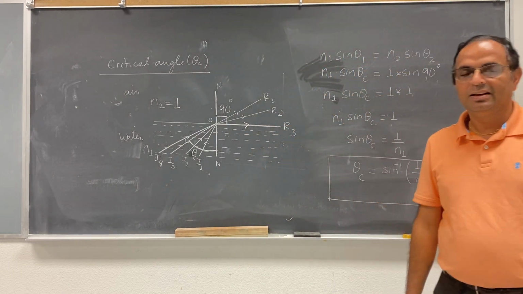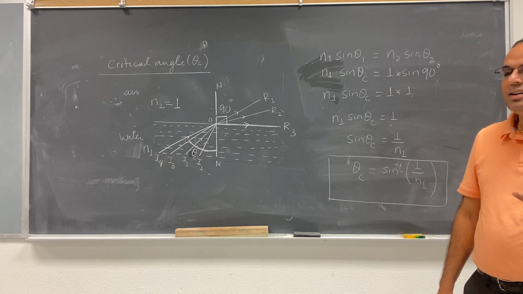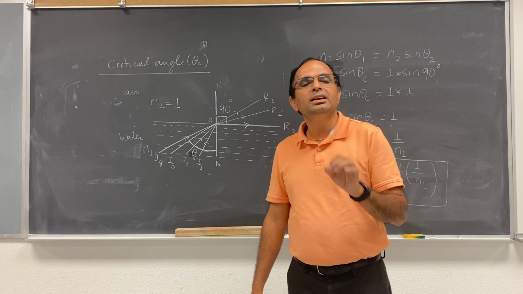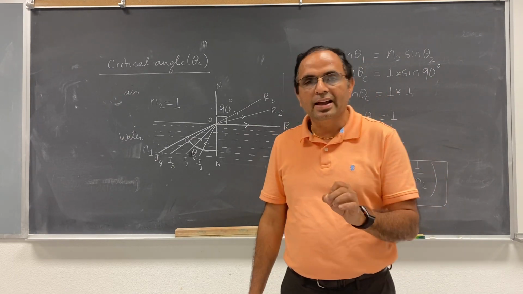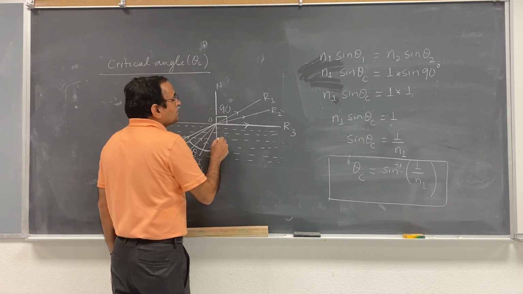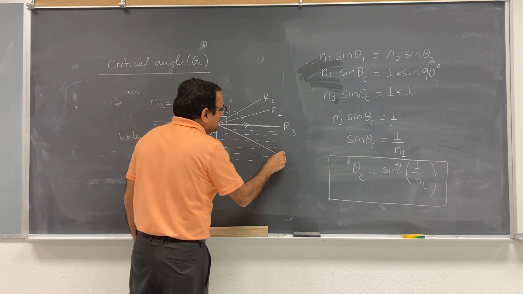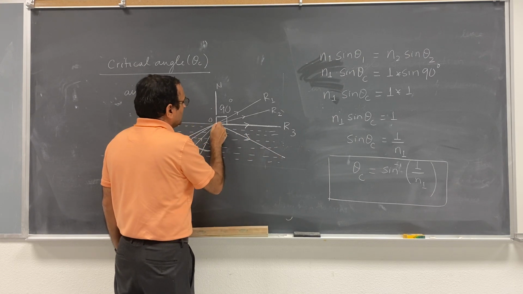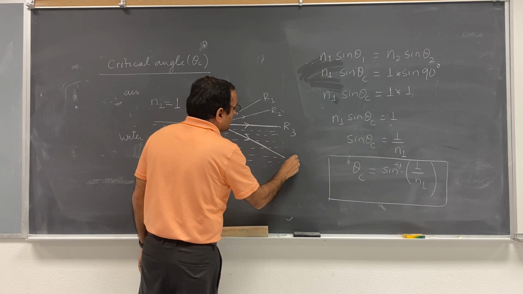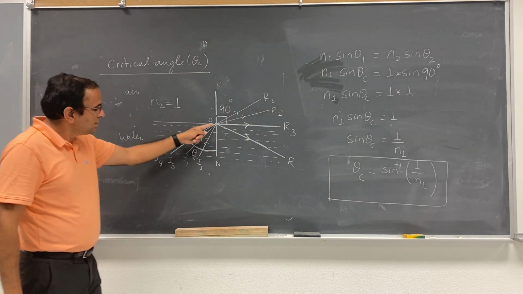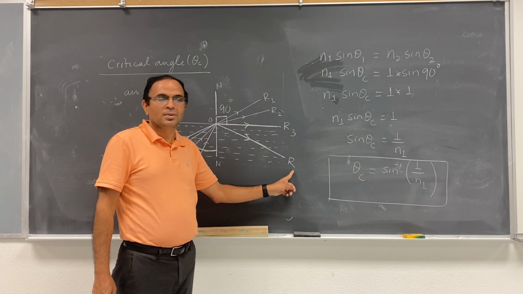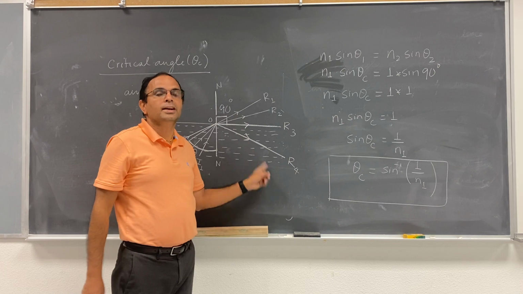In that case, the ray of light simply gets back to the same medium like this. It goes from water and gets back to the water. It is not a refraction. This is R4. This is a reflection.